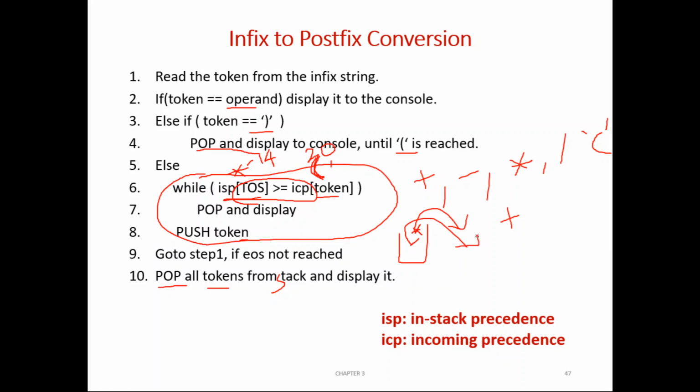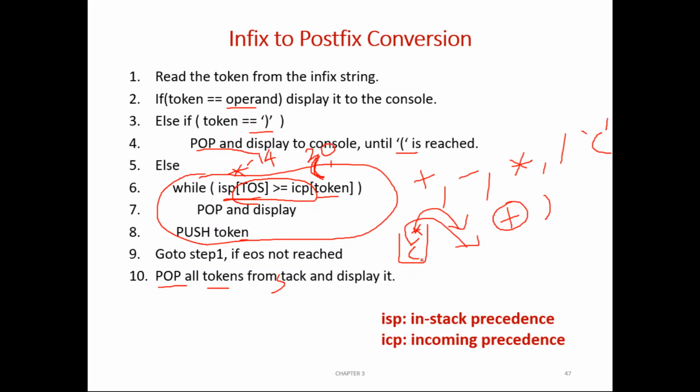Say the next is an open bracket. Do you want to move this open bracket out? No. The open bracket should be moved only when the incoming token is a close bracket. So what should be its precedence? When plus is the incoming operator and the in-stack item is an open bracket, we don't want to move it out.